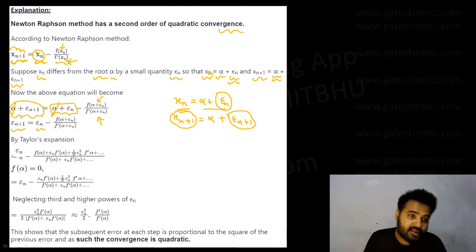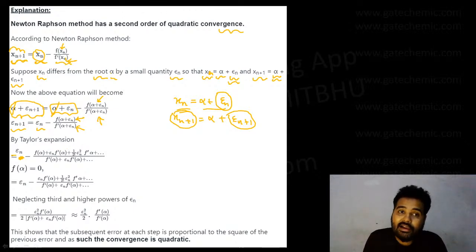Now I can again expand this. After expansion, by Taylor expansion, epsilon n minus this all. Taylor expansion of numerator, Taylor expansion of denominator.